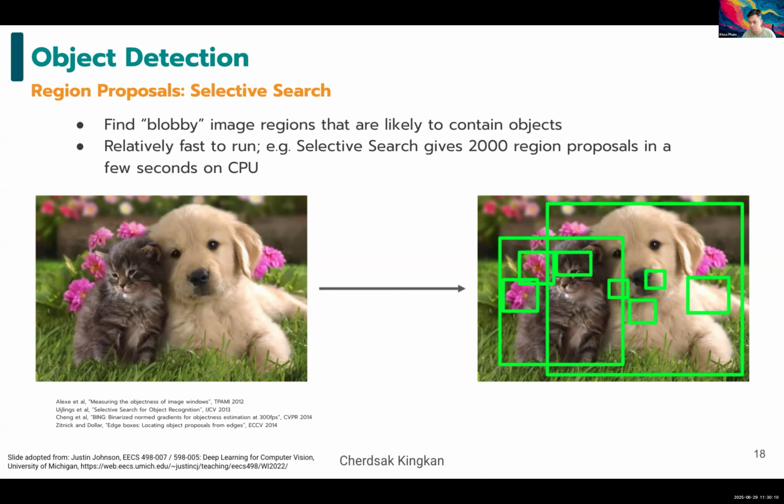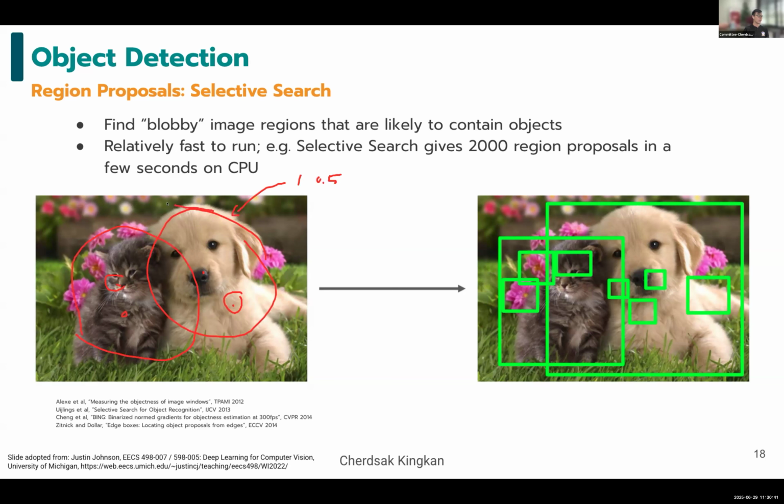If you use SIFT, there could be a SIFT feature over here that has a size of this, and another SIFT feature over here that has a size of this, another SIFT feature that has a size of this. So let's say you are setting a threshold on the SIFT magnitude of, let's say, 0.5, something like that, right?